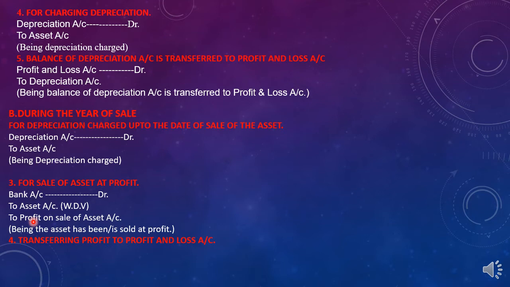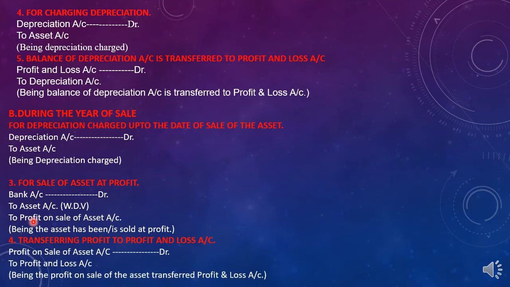So here it will be transferred to profit and loss account, and for transferring, the journal entry will be profit on sale of asset account debit to profit and loss account. So here students, you just have to remember, if there is a profit, my profit and loss account should be shown on the credit side, so the other account will be shown on the debit side. This can be the shortcut for remembering the entry.